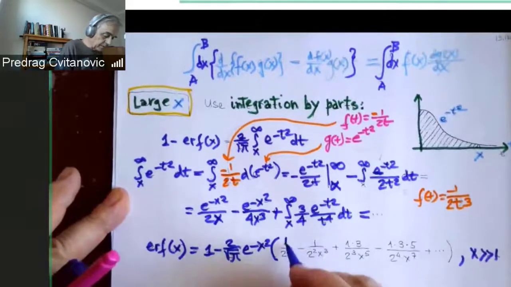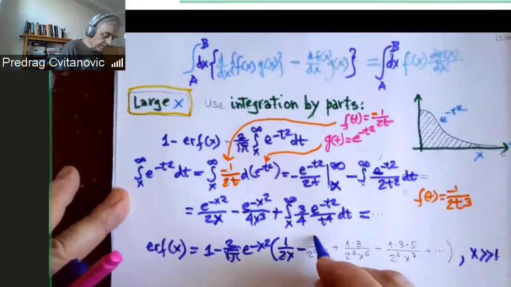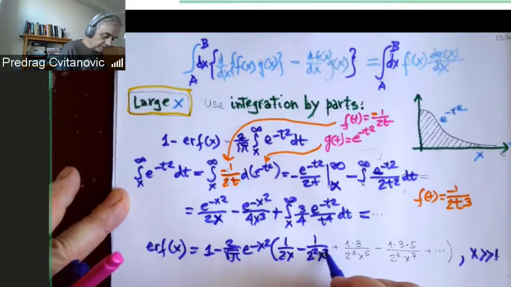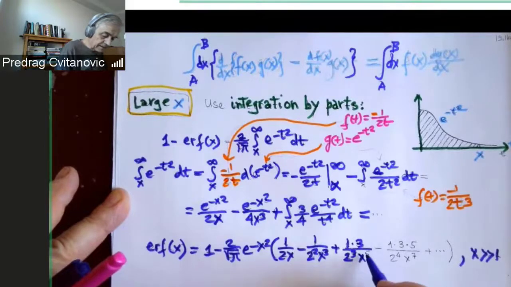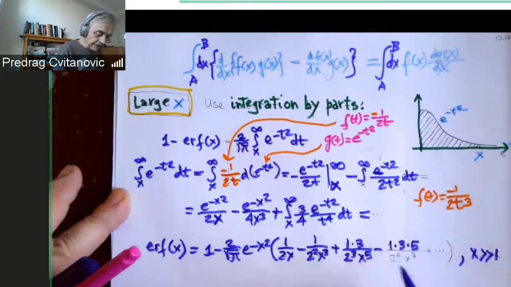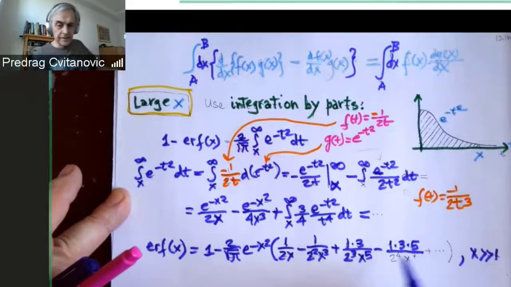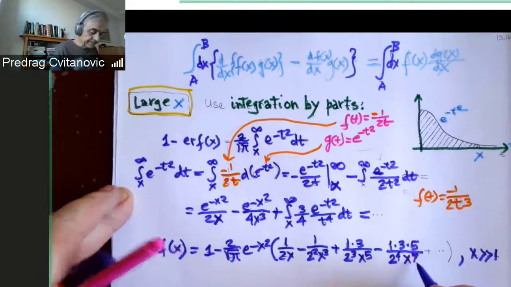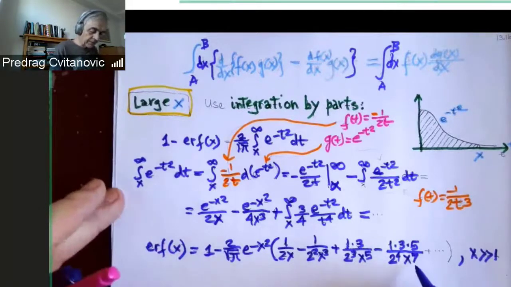I picked 1 over 2x minus, next term was 2 square x cubed. And if you work it out, you start getting the feeling for what the answer looks like. So something combinatorial is showing up here. It's the odd integers multiplied, divided by odd powers going in powers of 2x squared.